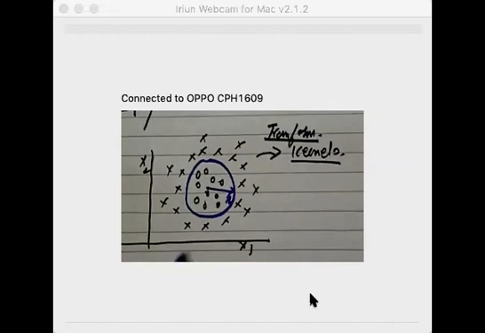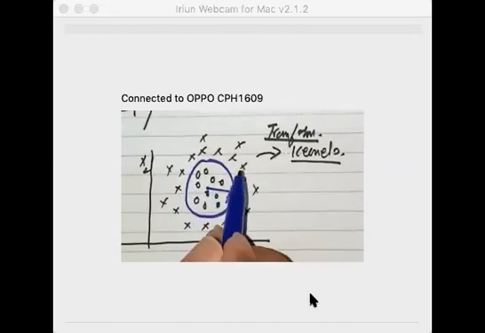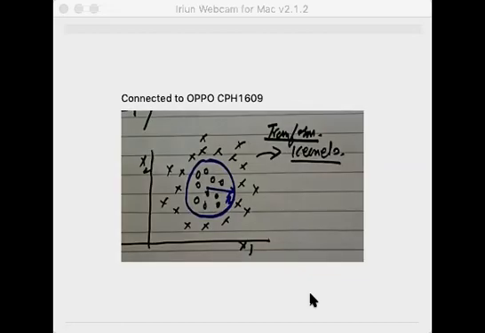And if I rotate this line 360 degrees, at every angle I'll find कि at this radius inside this circle जो कि of radius R है, there is one class, and outside the circle there is another class, right?